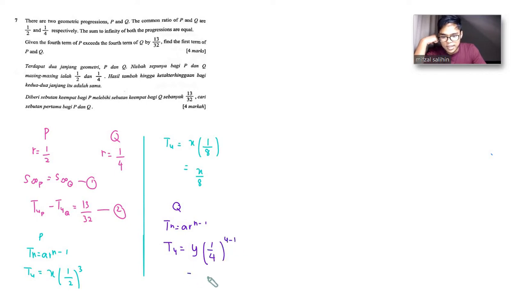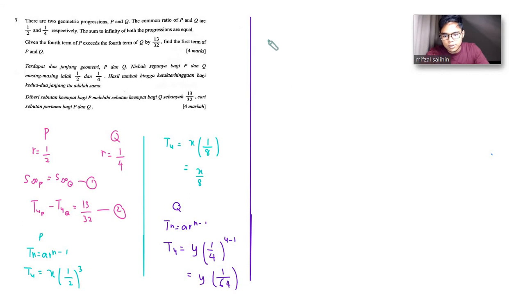So what we'll get is y multiplied by 1/4 to the power of 3, and 4 to the power of 3 is 64. So I'll just simplify everything. So the fourth term of Q is y/64.